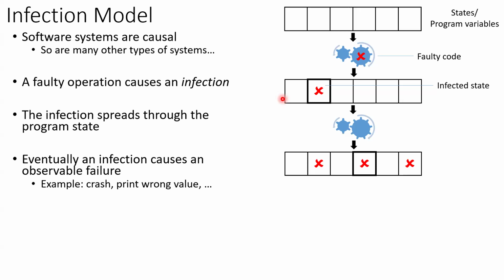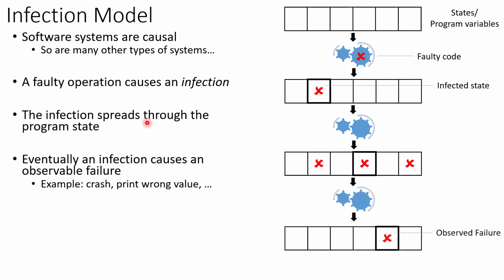Instead, it will propagate. It causes an infection that spreads through the program state, and more variables will be wrong. Eventually, the infection will cause an observable failure in one of the states, like a crash, or returning a wrong number or something like that.